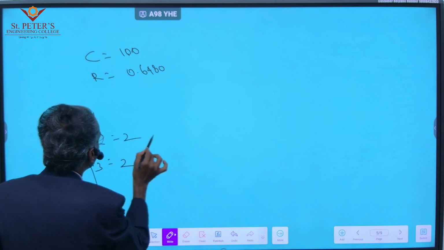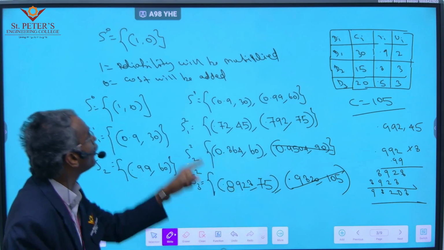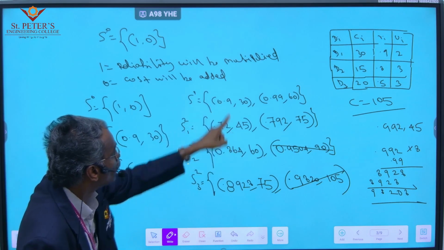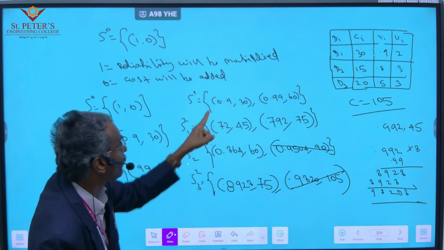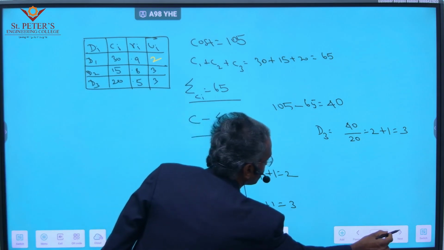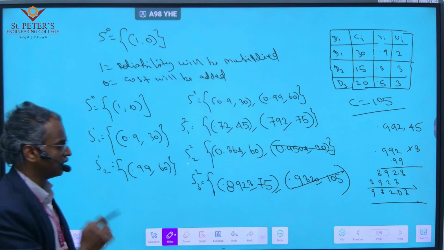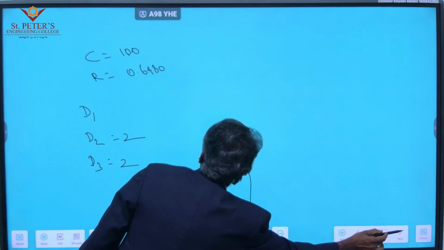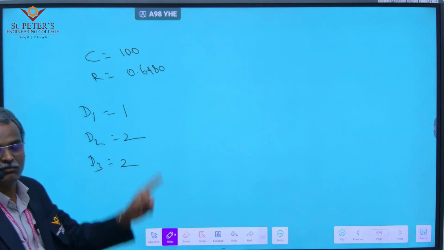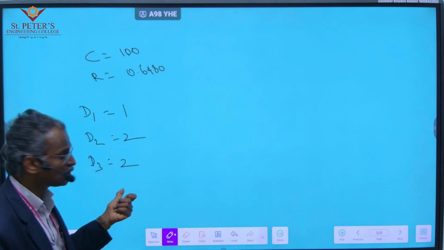And go previous, 0.864, from where you got it, 0.930, from here only you got this. Go a little bit previous, no need, because this is the end. Yes, 0.930, first device, first copy.